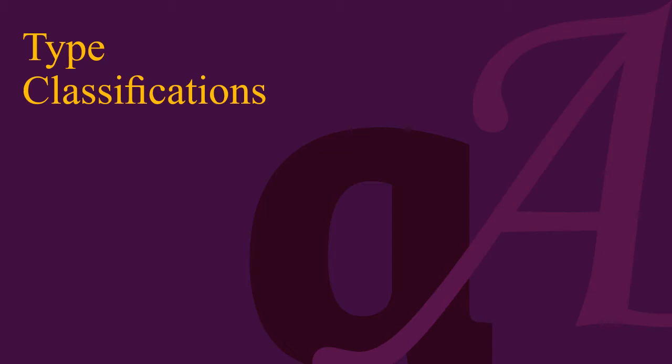Regardless of what font and what typeface you're talking about, there are some large bucket classifications that we can place any typeface into. So we're going to talk about those really large, broad classification types next.